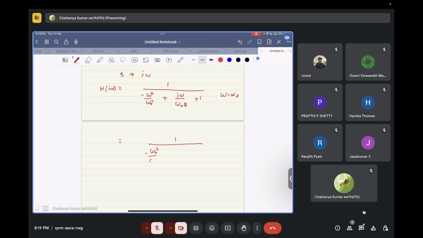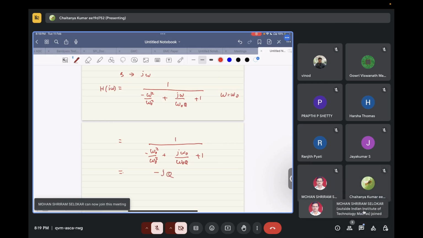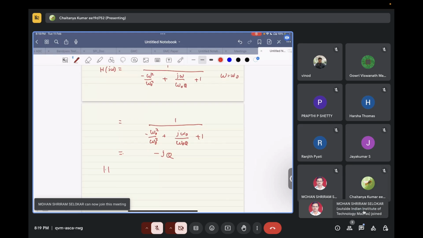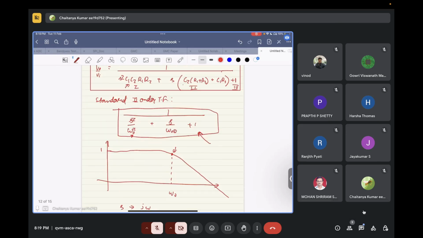Minus omega naught square by omega naught square plus j omega naught upon omega naught q plus 1, right? So you get the gain at omega naught as minus j times q, or the magnitude response as q. So in the magnitude response, this gain will be q, correct? Is this clear?